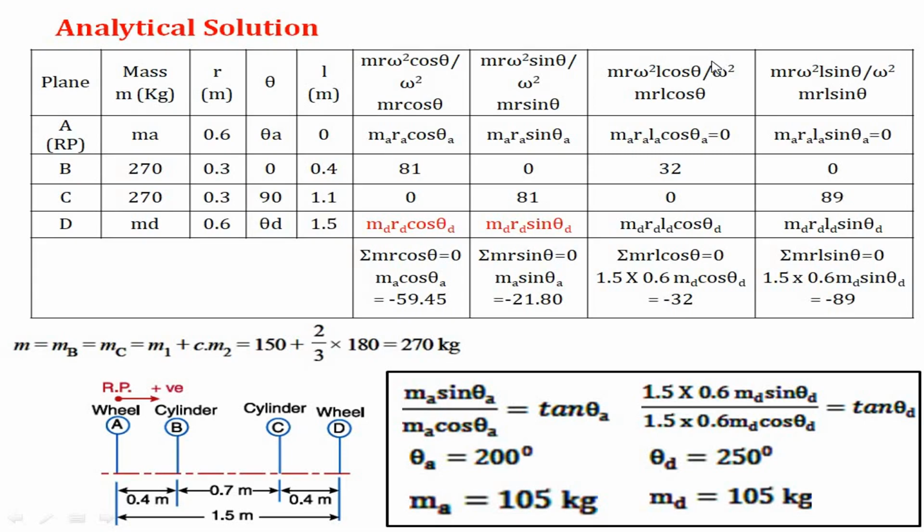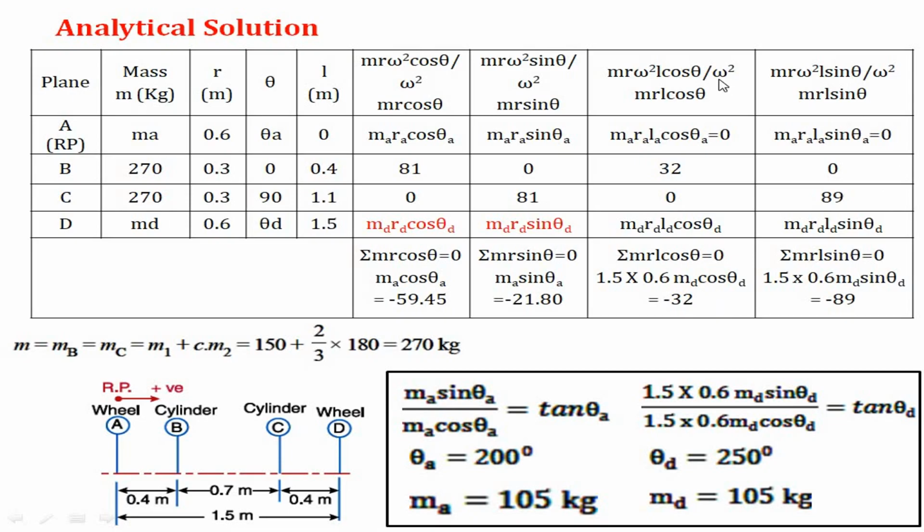So for mathematical simplification, everywhere we have avoided omega square. So m r L cos theta represents the horizontal component of the couple created by the respective masses. Similarly, the vertical component can be represented by m r L sin theta.